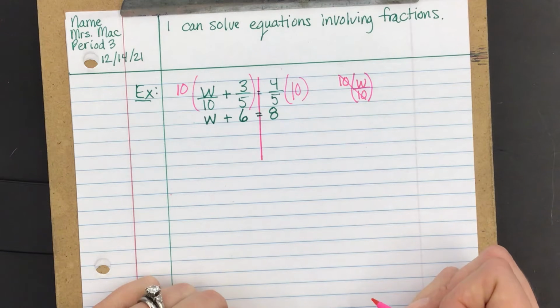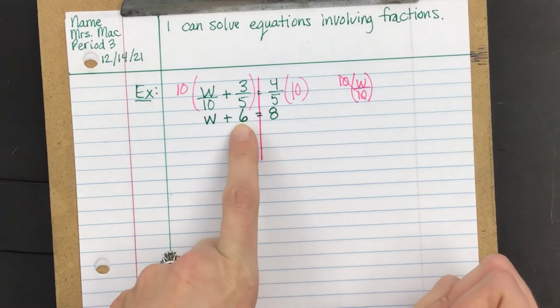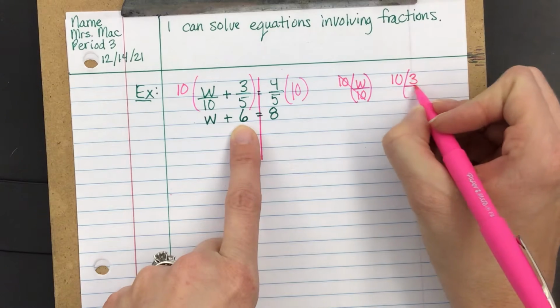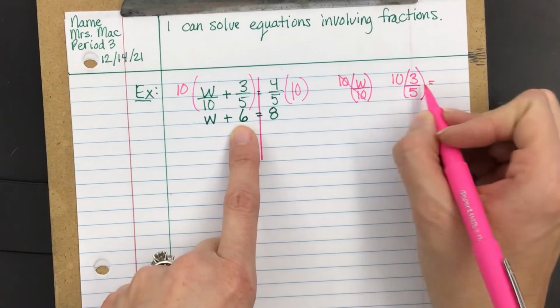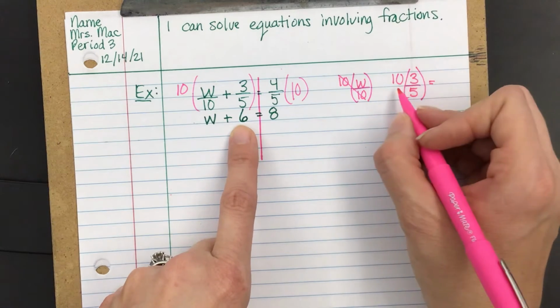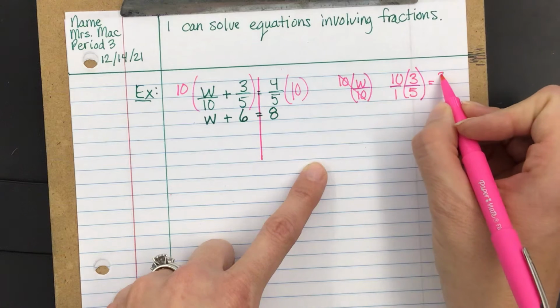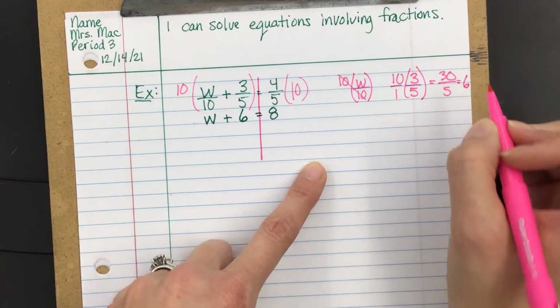Who still has a question for me? Yes, Olive. Great question. So I'm doing 10 times 3/5. Well, remember, when you're multiplying fractions, you just multiply straight across. And 10 is the same as 10 over 1. So this would be 30 over 5, which is just 6.